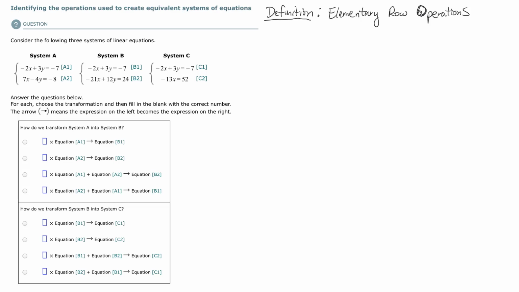Sometimes they're called single elementary row operations. And the reason for that is because you could only do one of these operations at a time. We are actually going to apply these operations to something called a matrix later on.